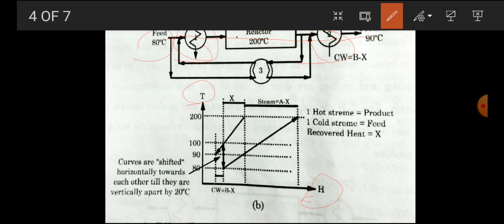Here the feed stream splits, and from here it takes the heat and then moves to the reactor. Similarly, after coming out of the reactor, it loses the heat in the third heat exchanger and goes back to the final stage.